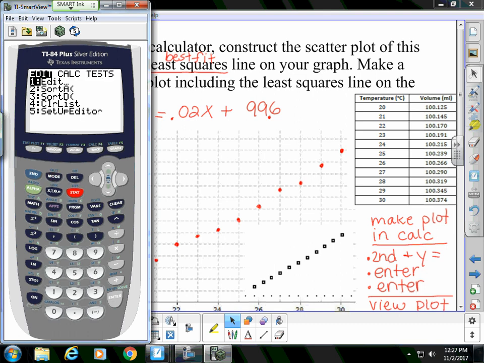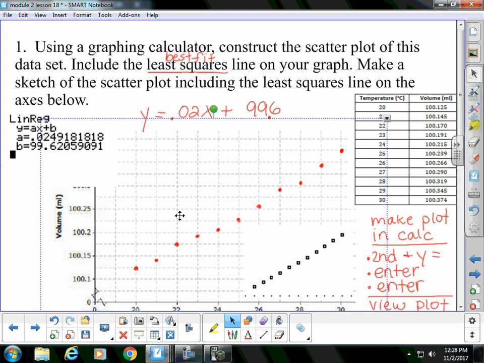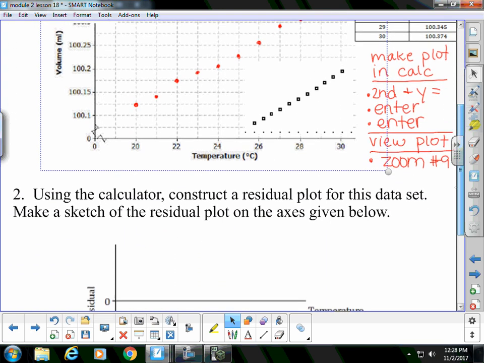Stat, calc, and number 4. .02x plus 99.6 equals 0.0002x. I don't know why. So now I'm starting to wonder, and that might be because it's not really a line at all.